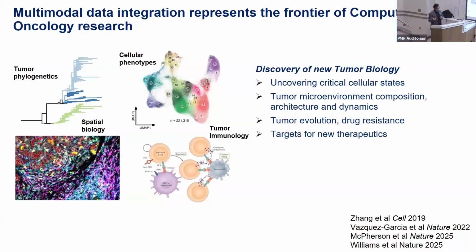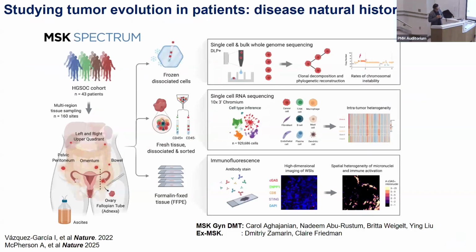That's driving an incredible pace of discovery. What I'll show you is some of our work in those spaces, in single cell genomics, tumor phylogenetics, and cellular phenotype work, and the types of things we can elucidate using these measurements in a multimodal fashion.